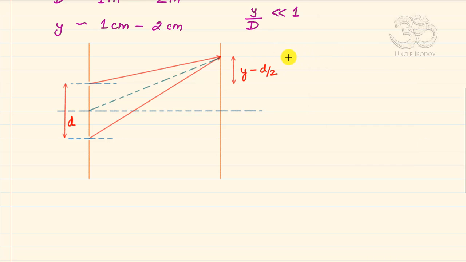So I can say that this entire distance from the point P to the lower slit is going to be y plus d by 2. And anyways, the distance between the slits and the screen was capital D.